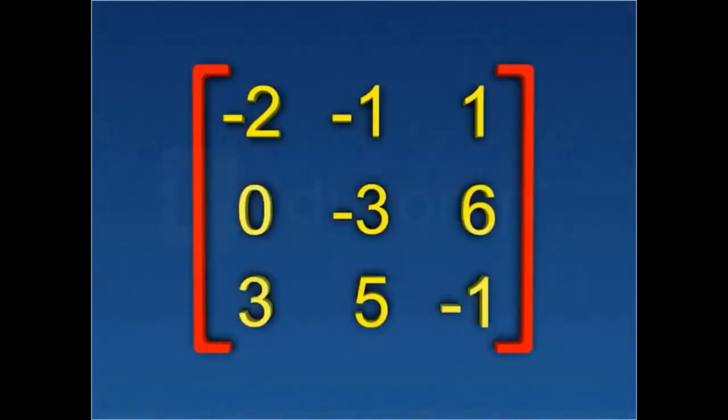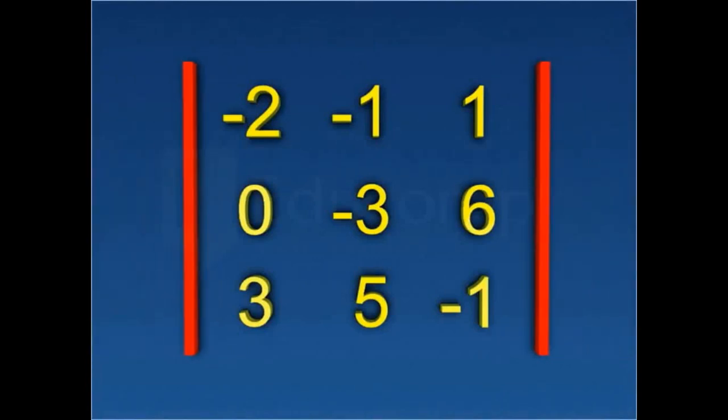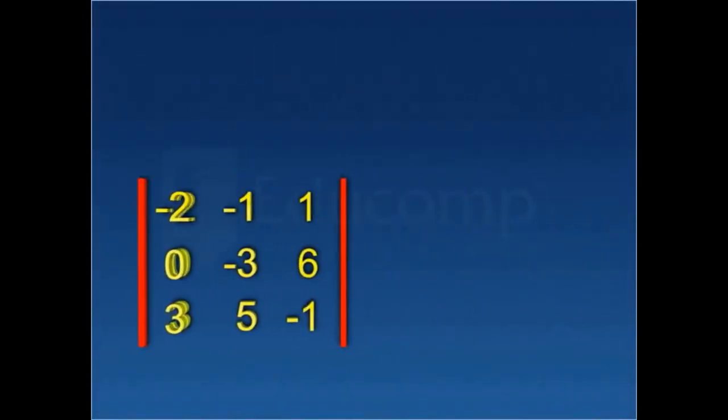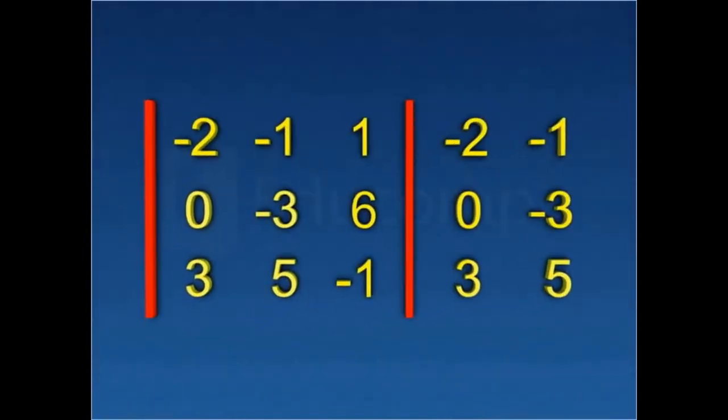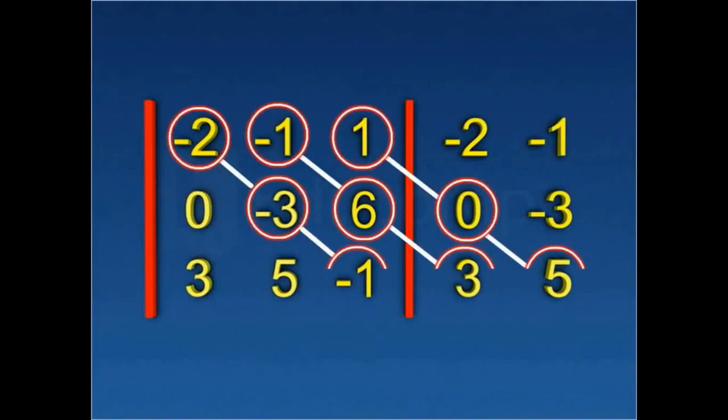Consider a 3 by 3 matrix. We need to compute the value of its determinant. First, copy the first two columns on the right side of the determinant. Now make all the three diagonals from top to bottom.